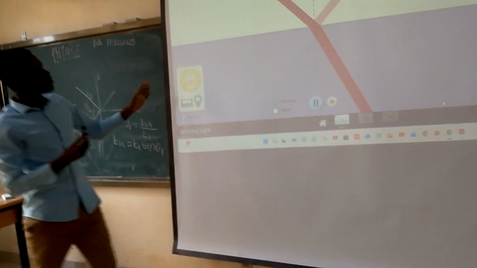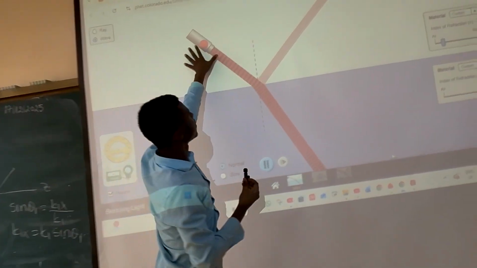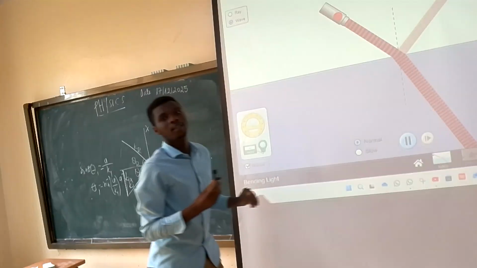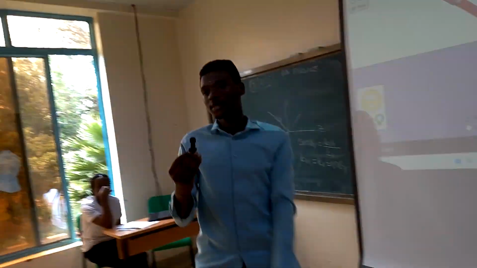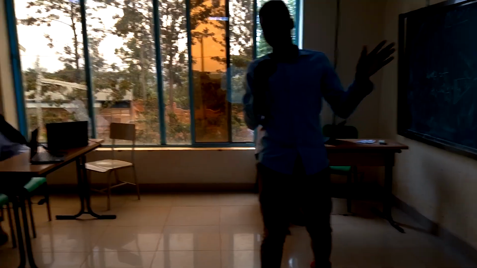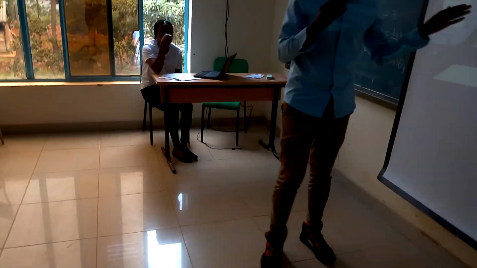So what is true in this area, the upper part? I can say that the law in the upper part is the law of reflection, which says that the angle of incidence is equal to the angle of reflection. Okay, thank you. That is the second law.